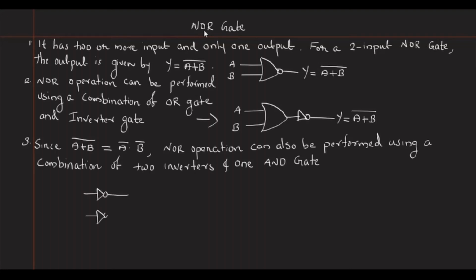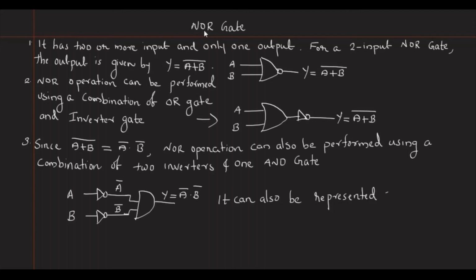We have two inputs A and B. It is initially connected to a NOT gate so that the output becomes A complement and also B complement. When the outputs of the NOT gates are connected to an AND gate, the output becomes Y equal to A complement dot B complement. This is equal to A plus B whole complement. It can also be represented in the way that is shown below.